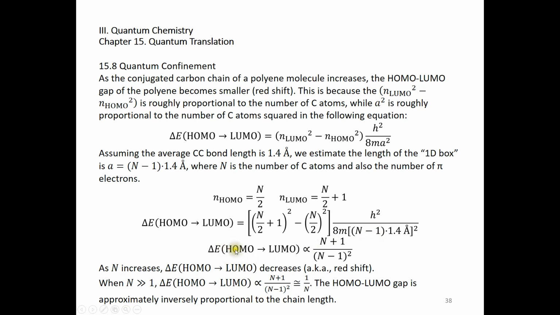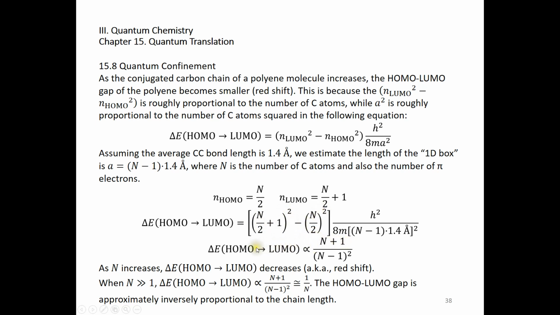Now, the HOMO-LUMO gap is proportional to n plus 1 over n-1 squared. We can see n-1 squared over here. Where does n plus 1 come from? If you just evaluate n over 2 plus 1 squared minus n over 2 squared, the difference is n plus 1.